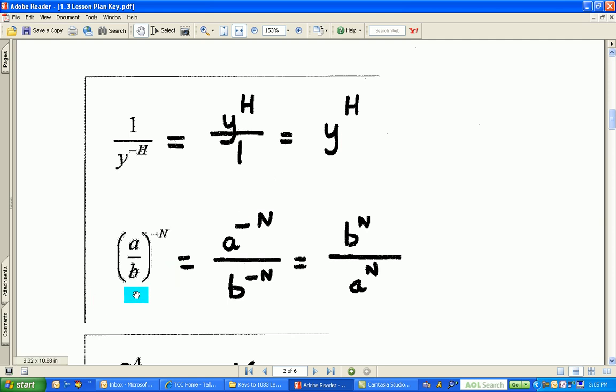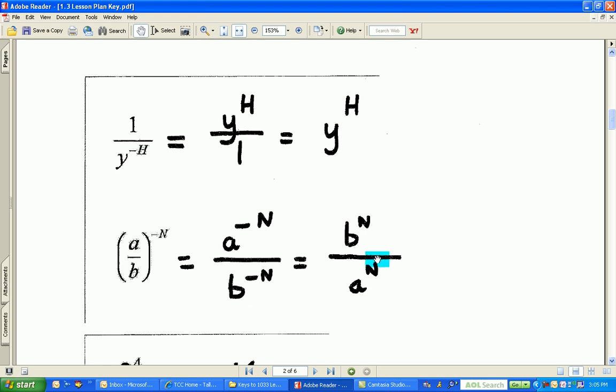In this next example, ab quantity, that's what the parens mean, raised to the opposite of n power. My first step in the notes: the opposite of n goes with the a, and the opposite of n also goes with the b. So the first thing I did is I rewrote the problem without the parens.